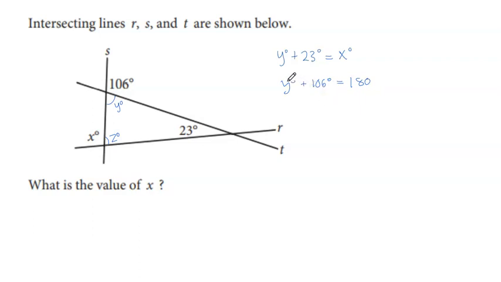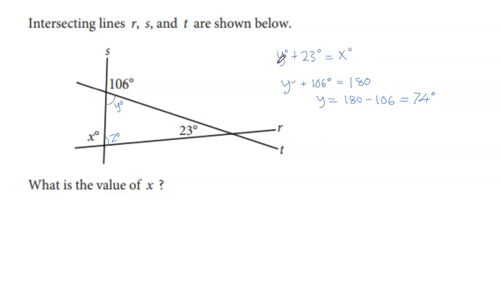So from this we can find what y degrees is. y will be equal to 180 minus 106. That gives us 74 degrees for y, right?